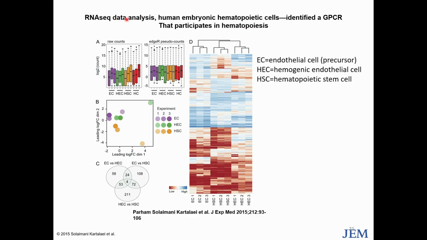So this is RNA-seq analysis of different types of blood stem cells, hematopoietic stem cells. I won't go into all of this, except to say that a specific GPCR has been activated here, and then we're looking at different samples of cells: endothelial cells, hemogenic endothelial cells, hematopoietic stem cells, different types of cells.